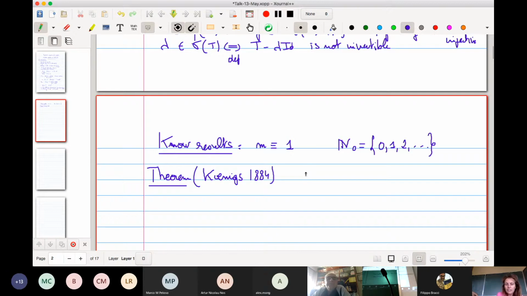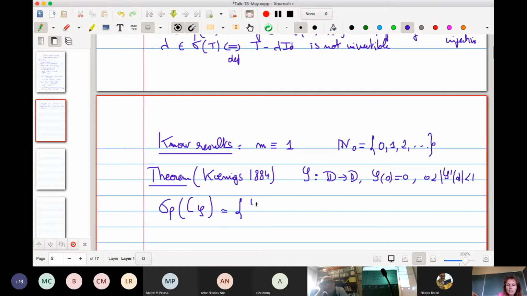What he proved is that, in the case where phi has a fixed point at 0 and the derivative at 0 satisfies our hypothesis, the point spectrum of the composition operator defined on the set of holomorphic functions is the discrete set of the powers of the derivative at 0.